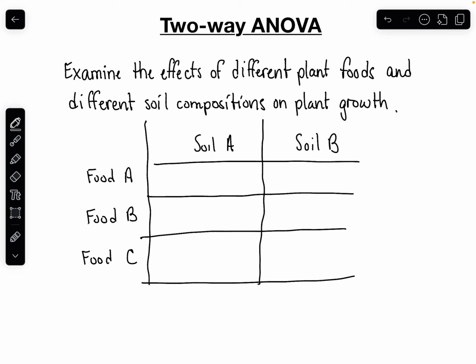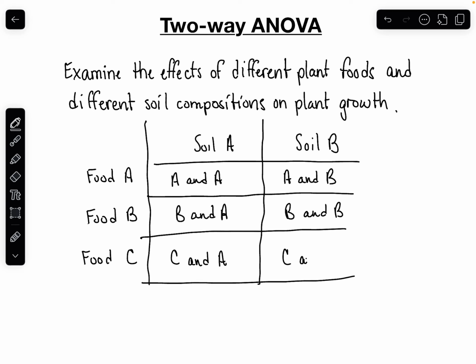We could have food A with soil A. We could have food A with soil B. We could have food B with soil A. Food B with soil B. We could have food C with soil A. And we could have food C with soil B.